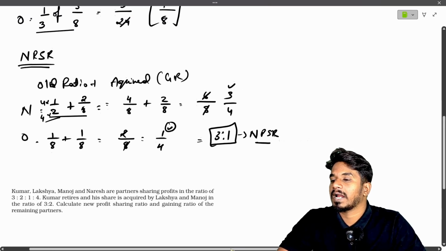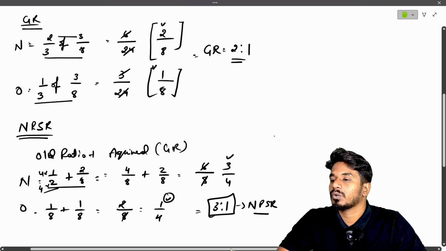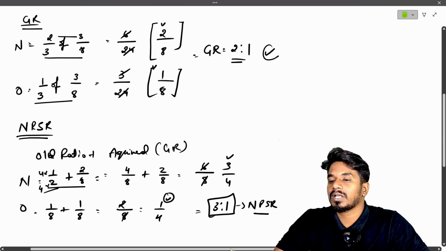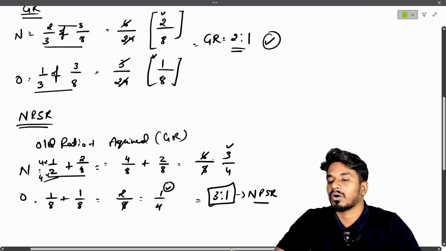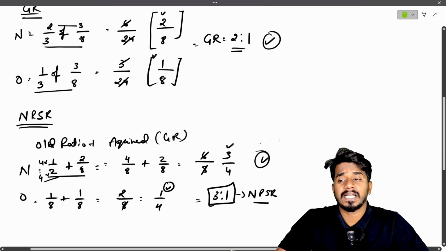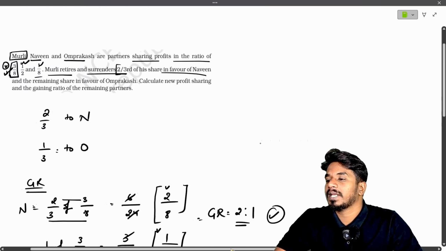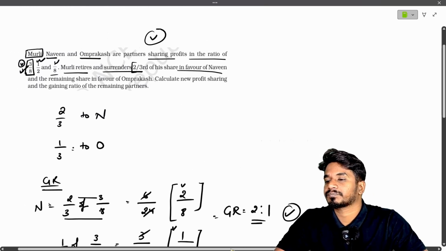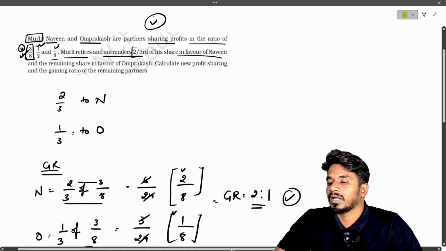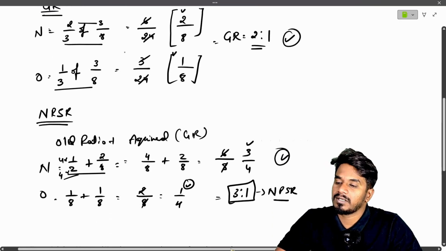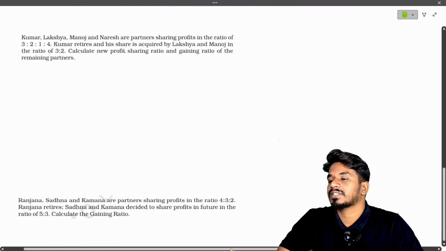I hope you are understanding this. So note it down. We found out gain ratio and also new profit sharing ratio. Pause and note it down. Let us move to the next question.